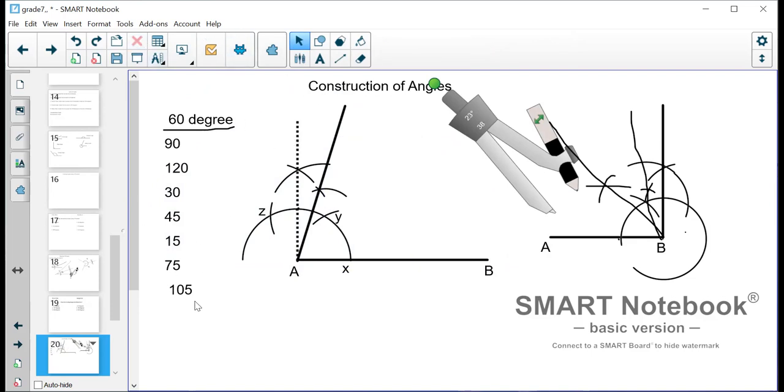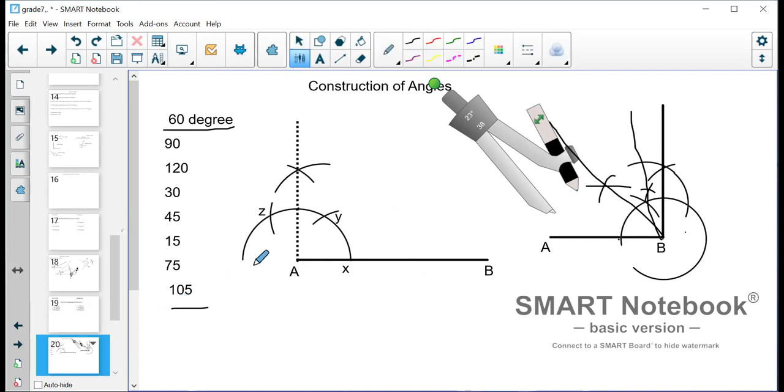Now, moving on to the last one, which is 105. And let me just remove these arcs. 105 is just the opposite of where 75 is. So 90, we know 90 is here. 90 and how much would give you 105? 90 plus 15 will give you 105.